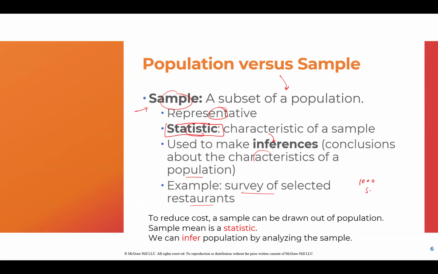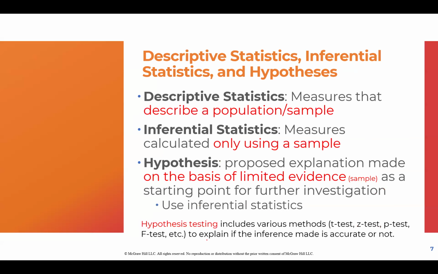That's the sample size, and you find out the characteristics of the sample to infer about the population. This reduces the cost, obviously. A sample can be drawn out of the population in many different ways; we're going to talk about it. So find out the statistics and try to understand and infer the parameters of the population.